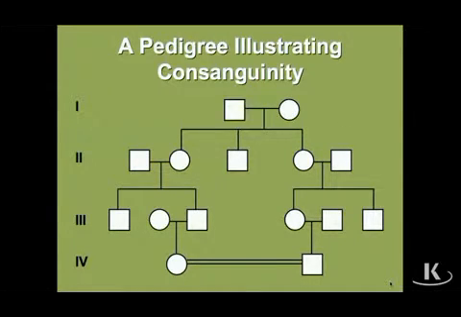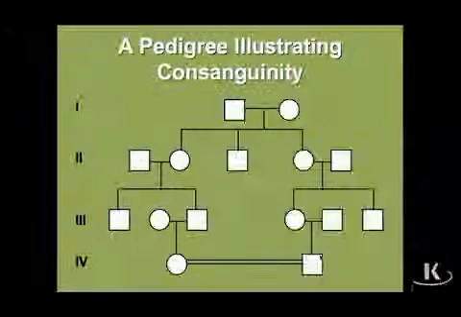The last complication in population genetics described in this chapter is the effects of consanguinity. This pedigree shows a situation in which 2 second cousins are getting married and about to have children. The problem with consanguinity is that our calculations based on the Hardy-Weinberg equation were based on random mating in a large population.